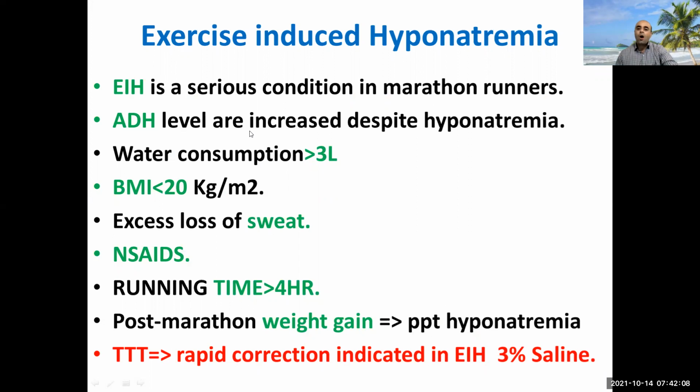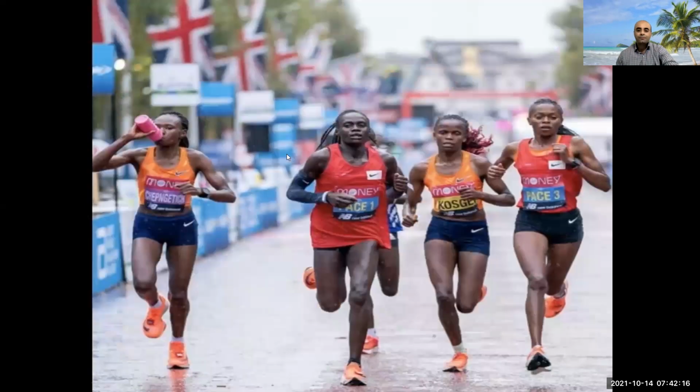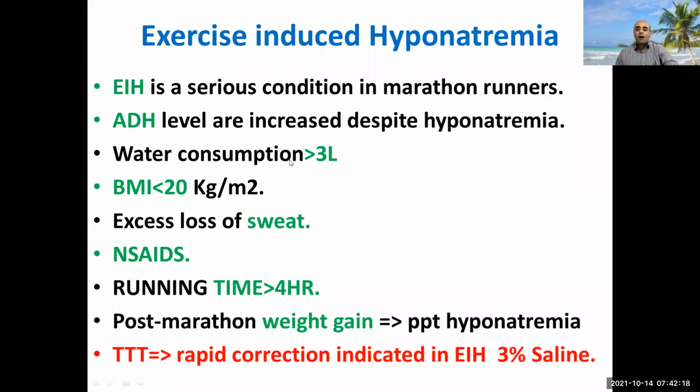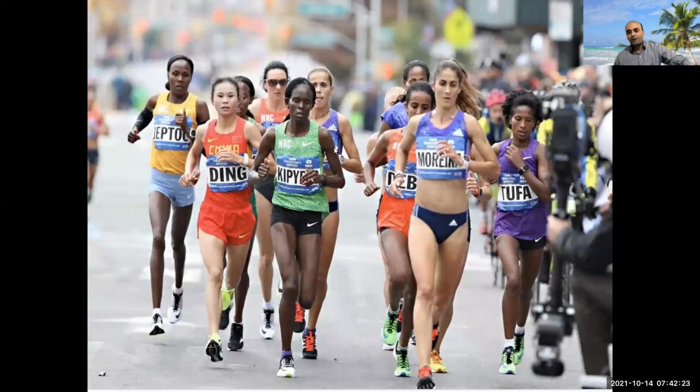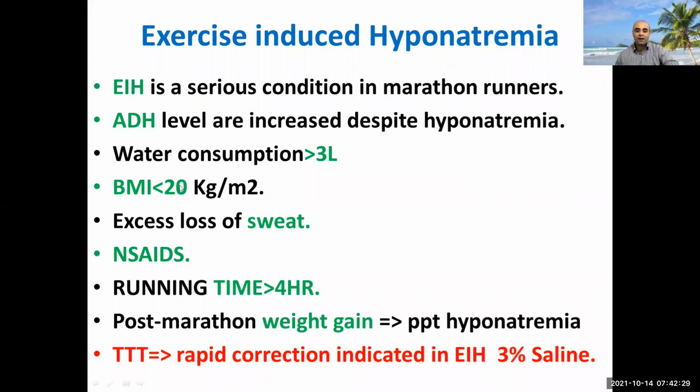ADH level will increase despite hyponatremia. Water consumption: this marathon runner was already drinking more water, around 3 liters. Body mass index, for most of them you will find around 20, most of them not more than 20 to 25 kg per meter squared.